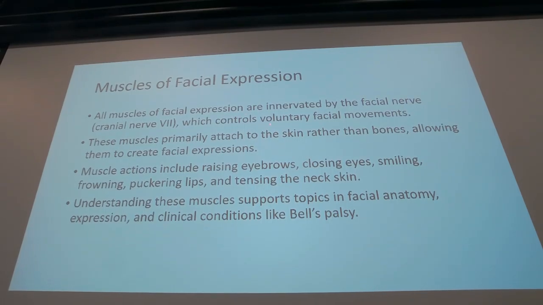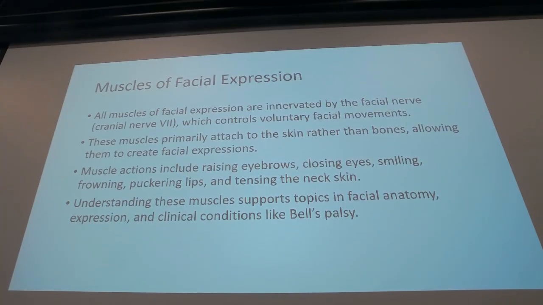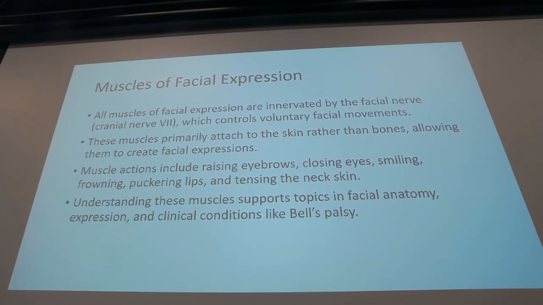So all of these muscles allow us to create facial expressions when they are innervated by this facial nerve. Sometimes some people may have damage to this facial nerve, and they won't be able to contract these muscles, and they will have what is called Bell's palsy or facial paralysis.